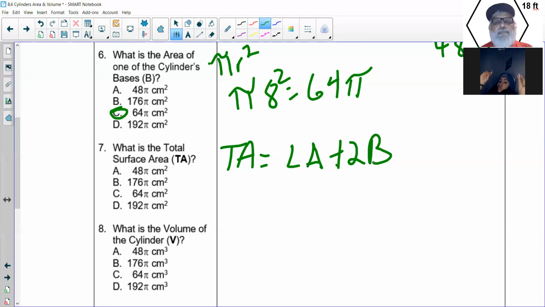So you're combining 5 and then 6. But remember, 6, you got multiplied by 2.